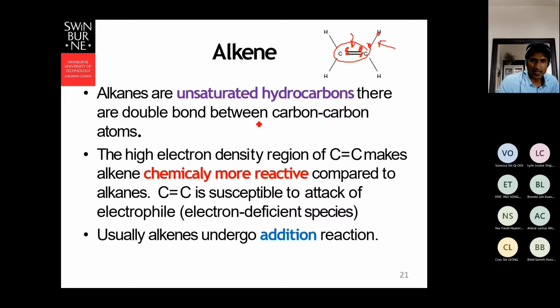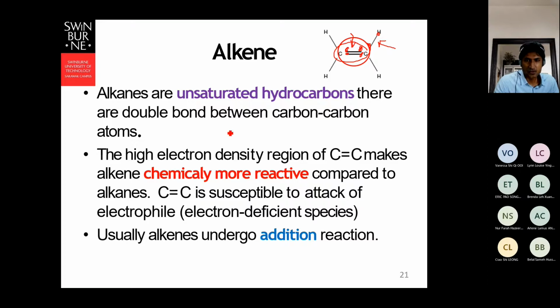Because of this high electron density, it becomes more susceptible, more prone to reaction. Electron deficient species can attack here because of the availability of more electrons.